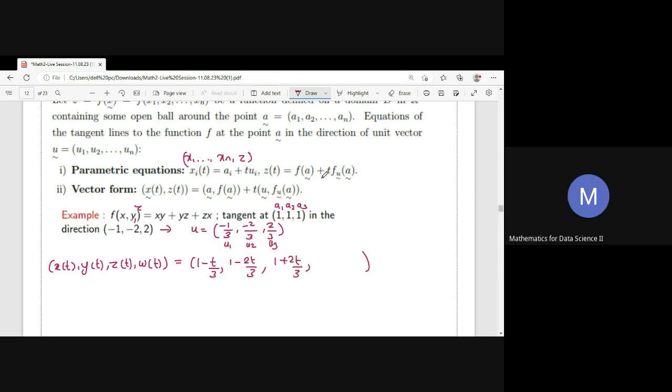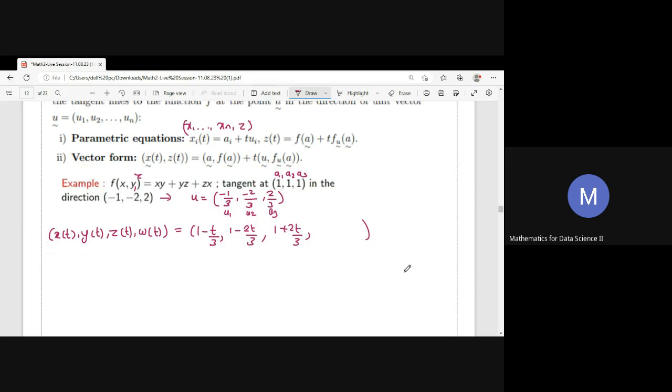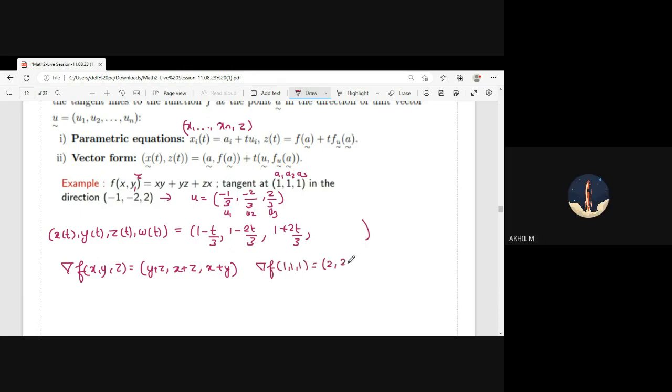And for the last component, you need to find the directional derivative. So what is del f of x comma y comma z? It would be y plus z, x plus z, and x plus y. And what is del f at 1 comma 1 comma 1? 2 comma 2 comma 2.